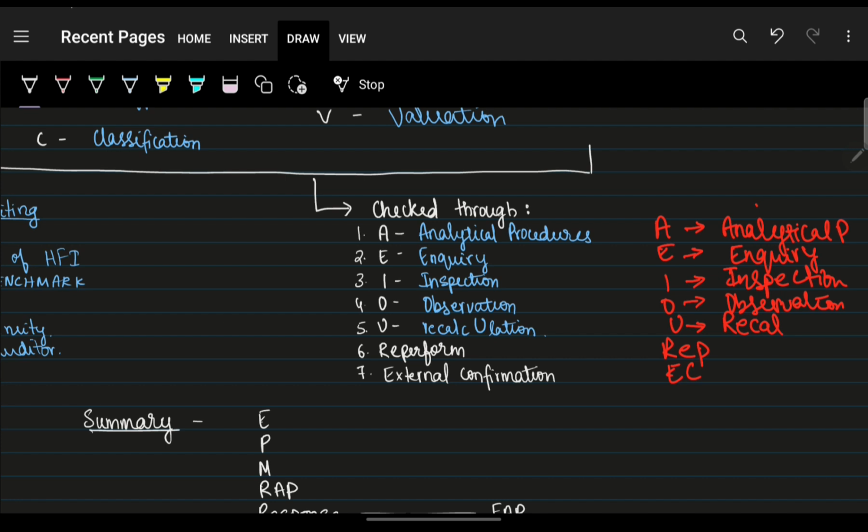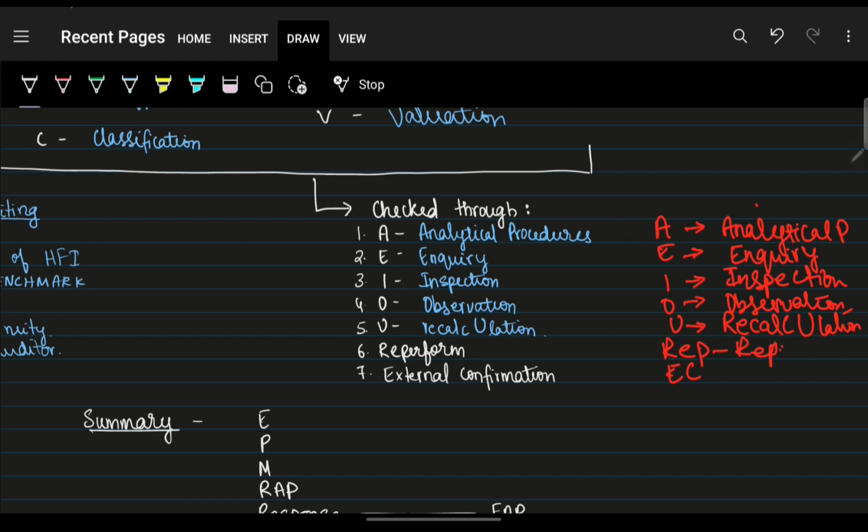Recalculation, just remember it like this: he will recalculate the amounts that have been calculated by the entity or the TCWG or the management, whoever has prepared the financial statements. He will recalculate whether those amounts are adding up, or whether the amount they're showing is correct or not. Next is reperform.